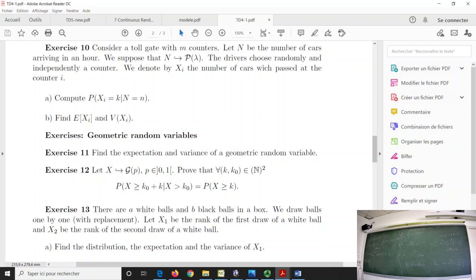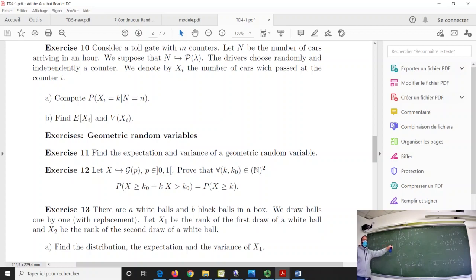Since my sum is over n, my n has to be greater than k, because if not, I obtain 0 for sure. So my sum starts from k to plus infinity.